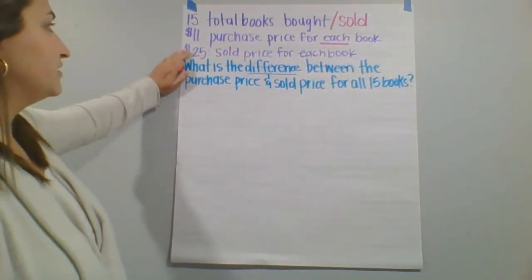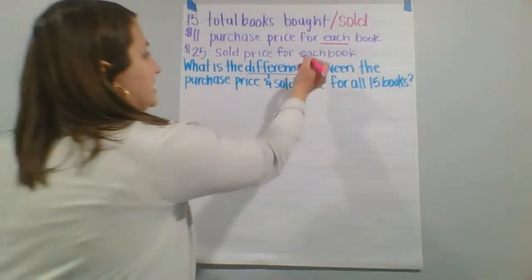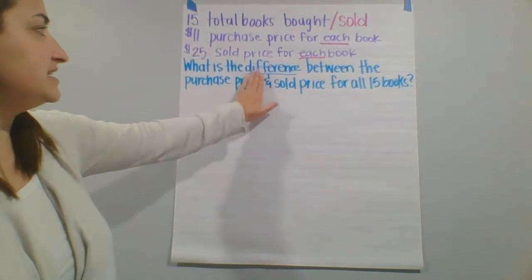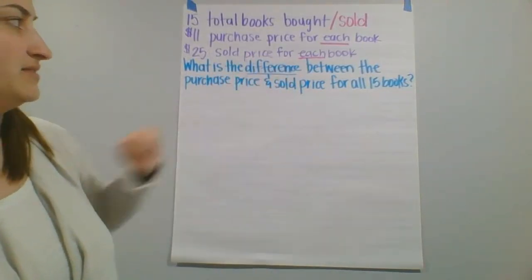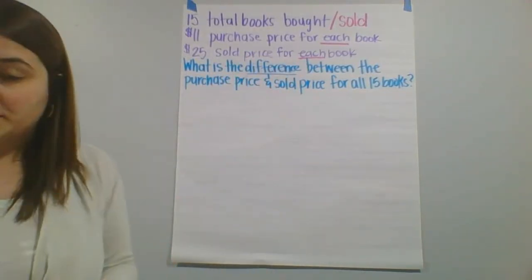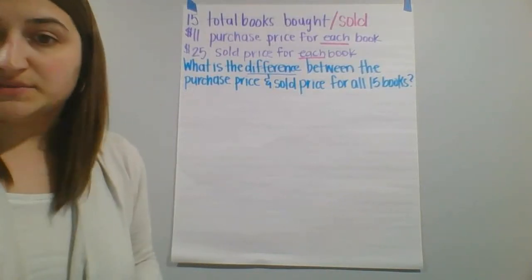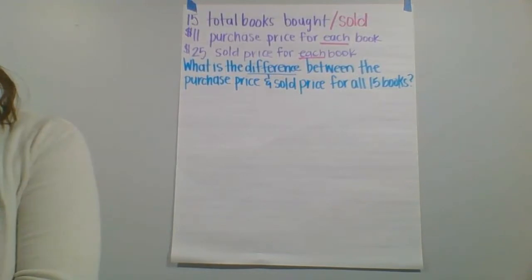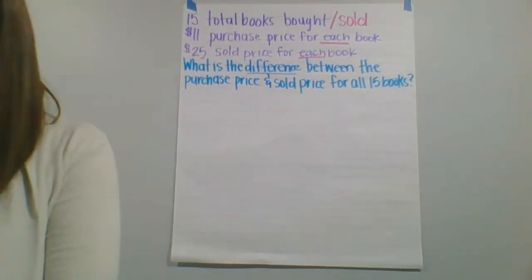And then $25 is how much she sold each book for. So we're trying to figure out, what is the difference between the purchase price and the sold price for all 15 books?